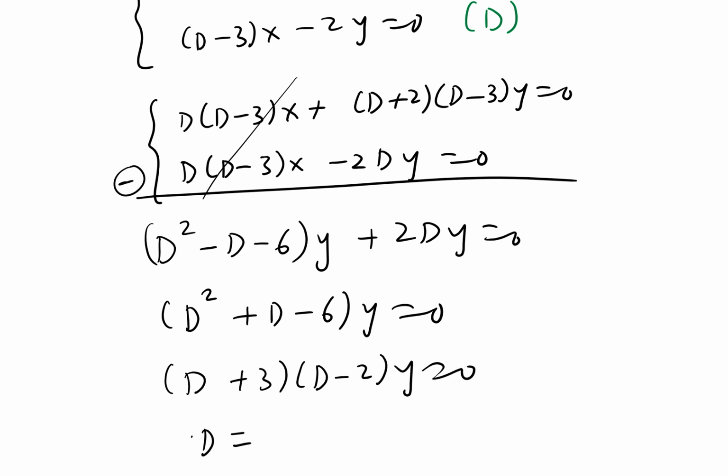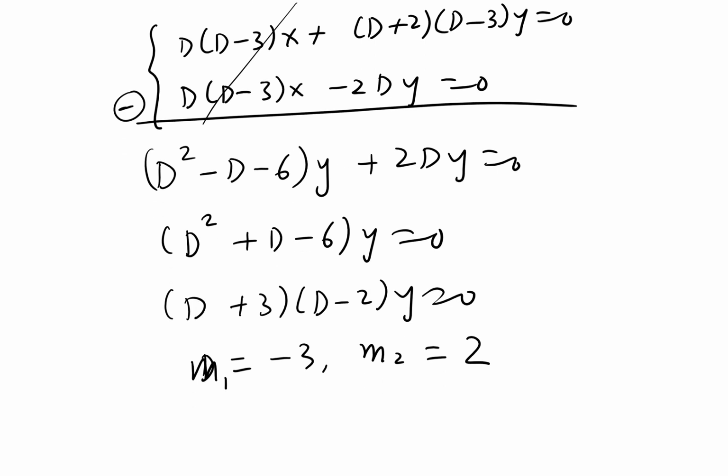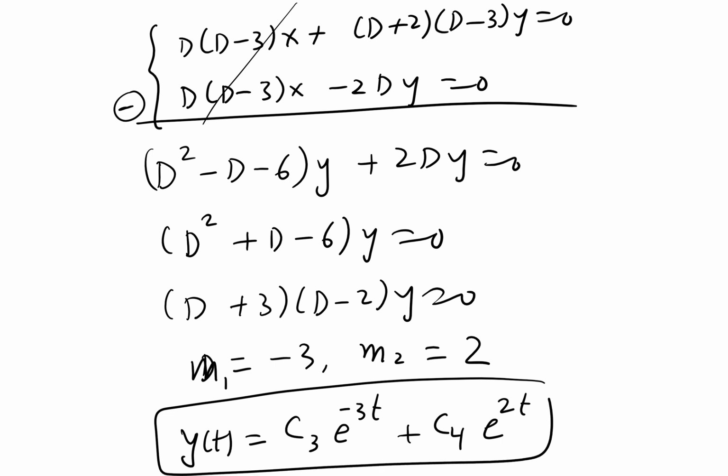So the auxiliary equation gives m1 equals negative 3 and m2 equals 2. Then y of t equals C3, because we already used C1 and C2, C3 e to the negative 3t plus C4 e to the 2t.